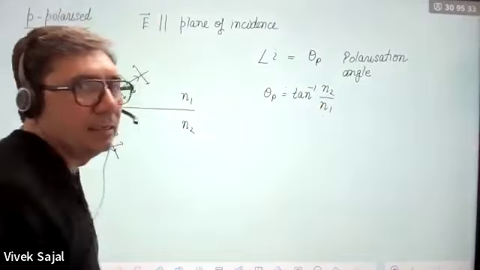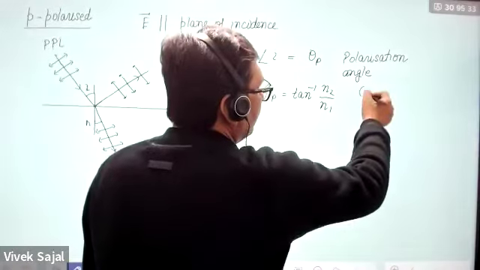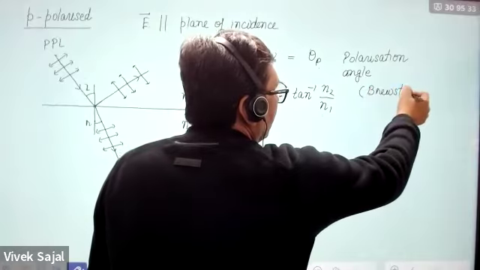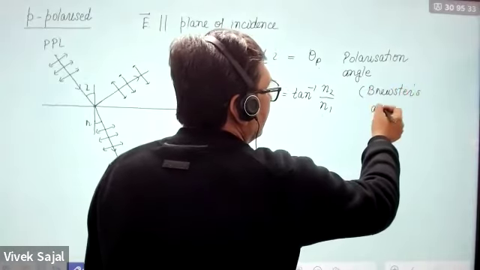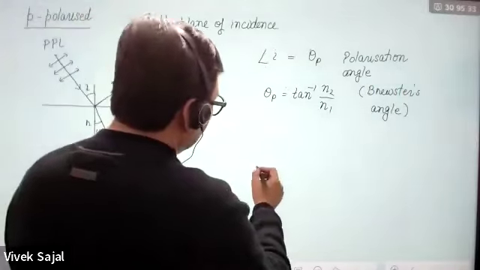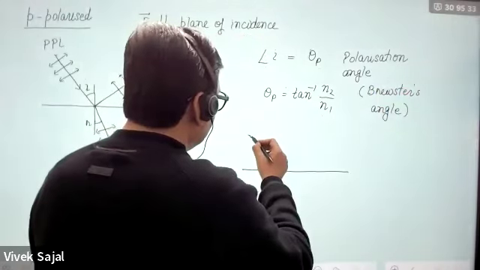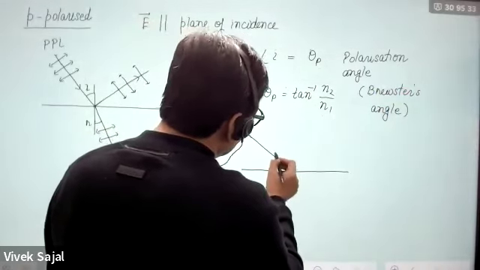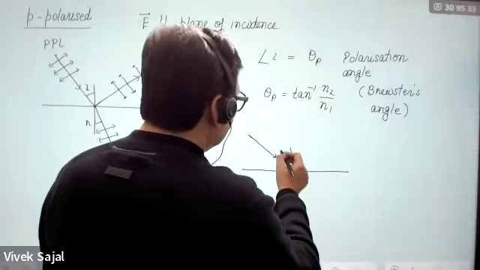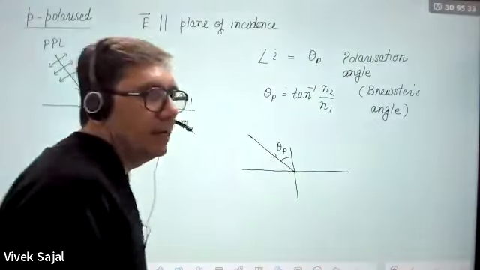So if the angle of incidence is equal to theta p, the polarization angle, you also call it the Brewster angle. Then what happened in this case? If this is theta p, then you find there is no reflected light.